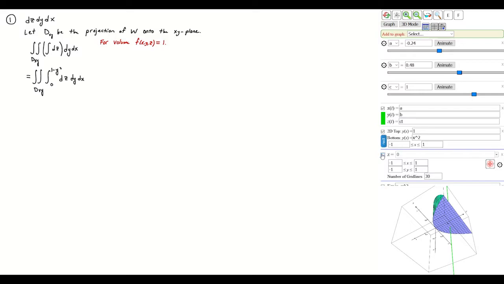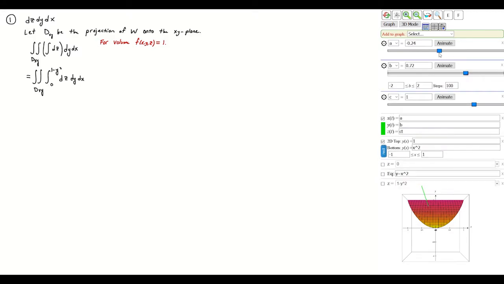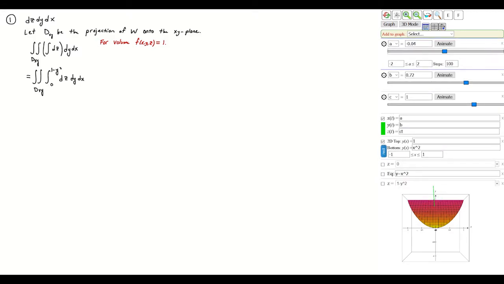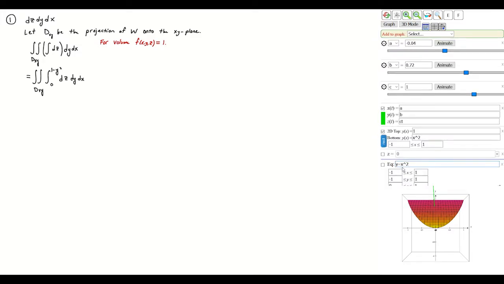Now how do we figure out this D sub xy, the projection of our solid region W onto the xy plane? Well, we can take a look above the xy plane and we can see our line. We can still move it around in our region, but we're just viewing it now where the z-axis is coming directly out of the page or out of the screen. So here we can see that if we enable this parabola y equals x squared, that is exactly what that bounding curve is.